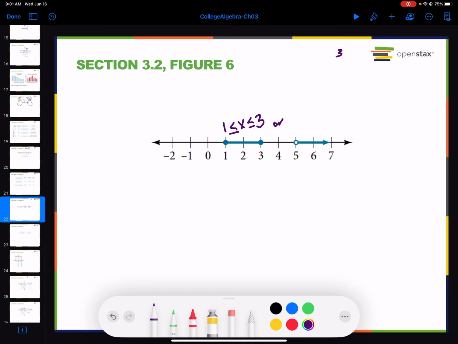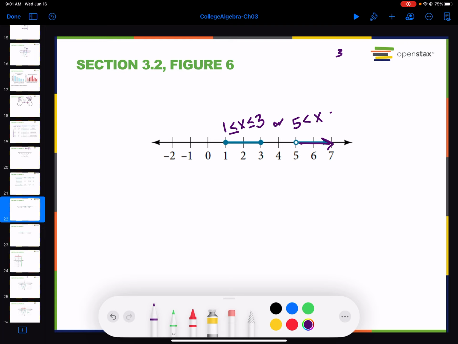Or we've got x greater than 5, and that's it. So x value is greater than 5, and we've got our arrow, so that goes to infinity. We don't need to write that on this particular one, but we'll show that on the next one.